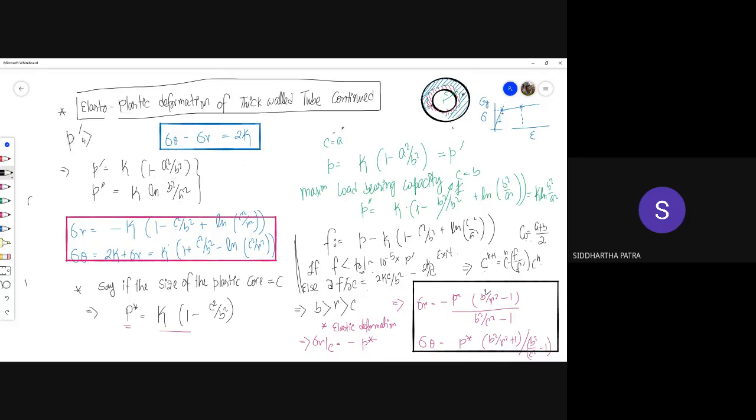P double prime has to be greater than P prime, because by changing this pressure from P prime to P double prime, you have made the cross section having no plastic region, that means the value of C equals A, to be entirely a plastic region, that is C equals B. Okay, but it's not quite obvious from these two expressions. Unlike the previous examples, here it is not obvious.